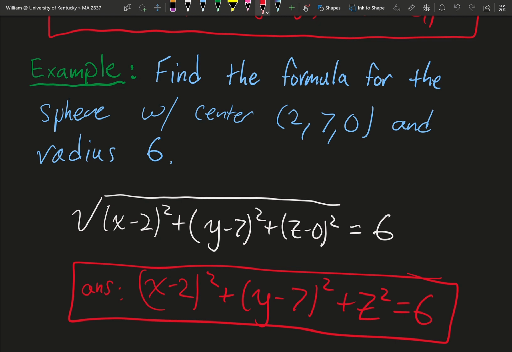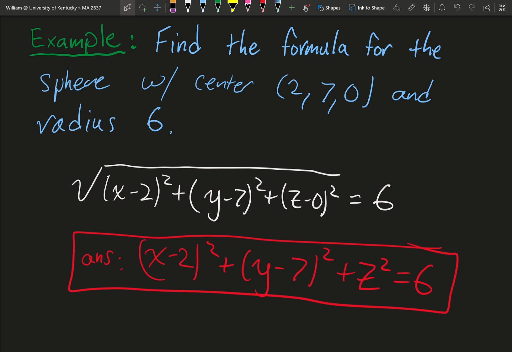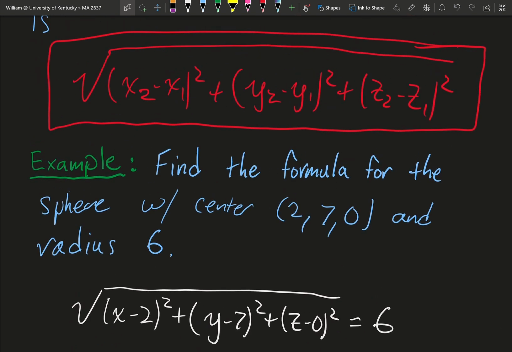Okay, so it's really good to think of equations like this in terms of this distance formula.